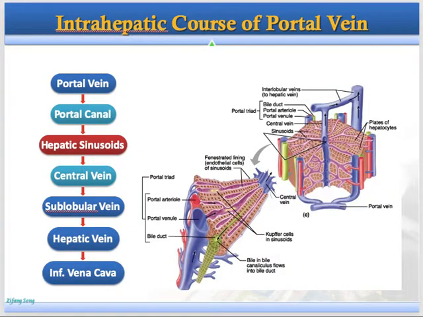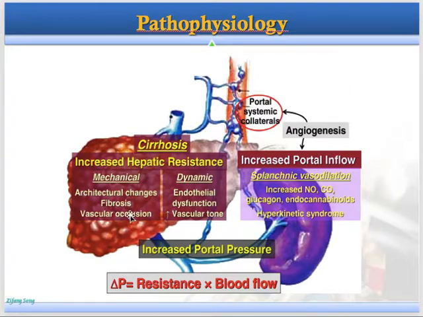See, this is the portal vein, and it is sending some tributaries here to the esophagus, and the systemic veins are communicating with the portal veins. Or simply, in simple words, you can say that there is a portosystemic anastomosis, right?